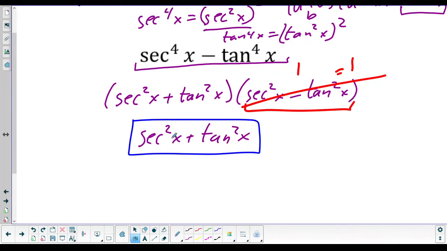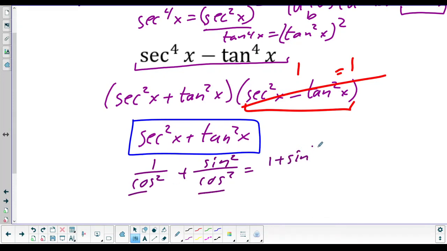All right, we could turn this into cosine, 1 over cosine squared plus sine squared over cosine squared. And then we could add these because they have the same denominator. So we could do 1 plus sine squared x over cosine squared x.